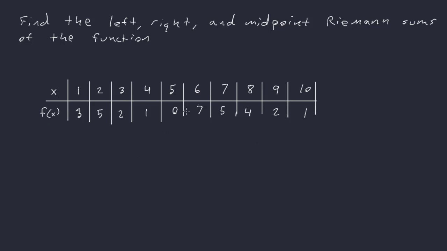This final example is looking at a situation where you're given a table, all right, but it works in much the same way. So we're given values for x and f of x, and we want to find all of these sums on this interval. We're looking at 1 to 10, okay, and I want to start with, let's use 3 subintervals.